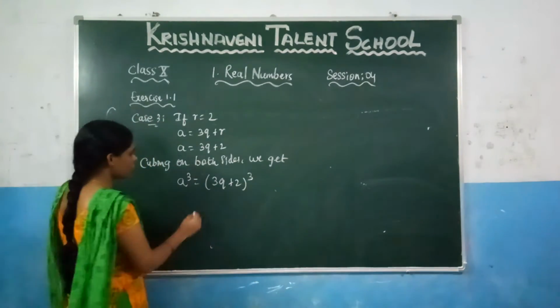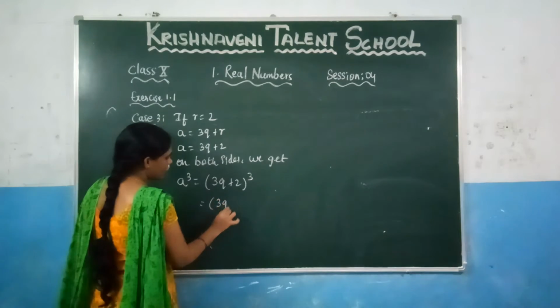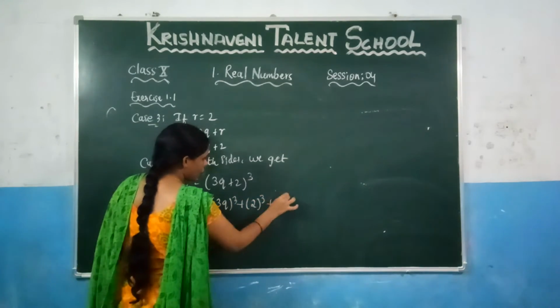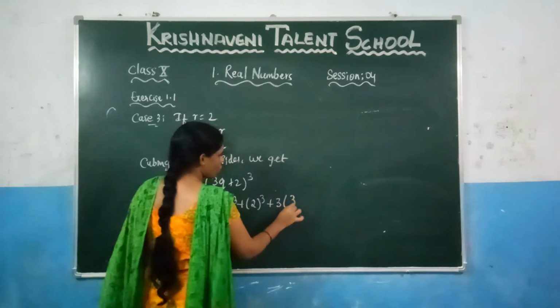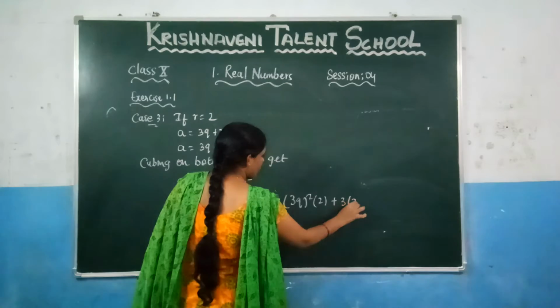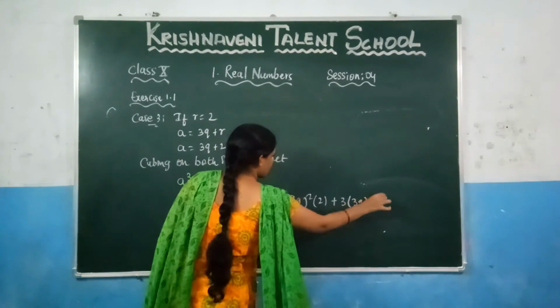Just expand this one so that you will get it here, a cube plus b cube plus 3a square b, which is nothing but (3q) whole square, b plus 3ab square. Right?